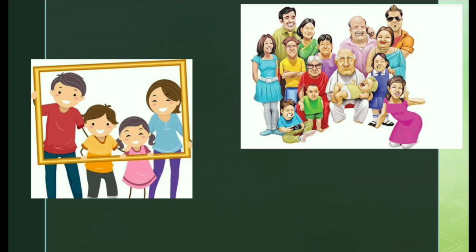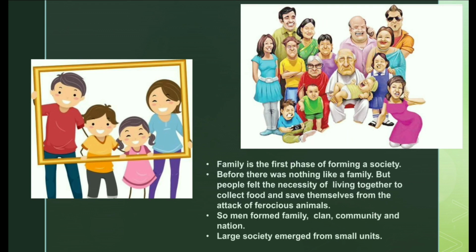There you can see two pictures. They are the pictures of family. One is a small family and another is a large family. So family is the first phase of forming a society.